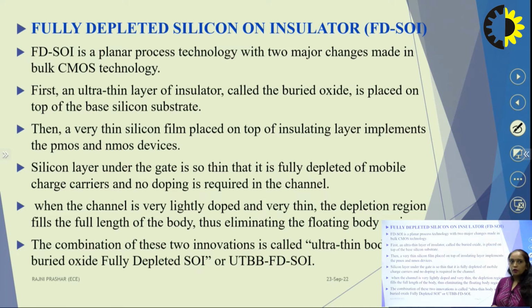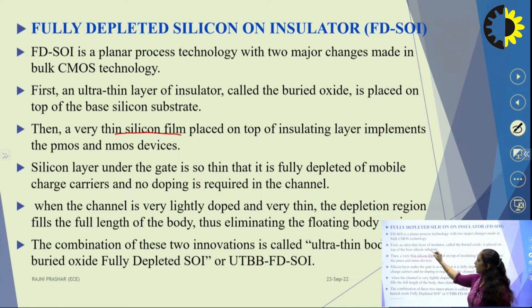Next one is your fully depleted silicon on insulator technology. In case of FDSOI, there is a planar process technology with two major changes. In case of partially depleted SOI, we have a very thick layer of buried oxide, but in case of this FDSOI, we have a very thin silicon layer placed over a very thin buried oxide layer.